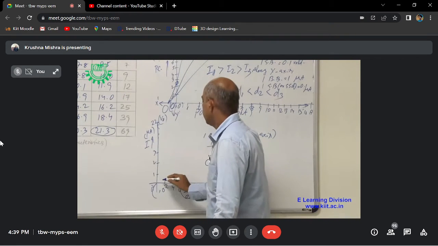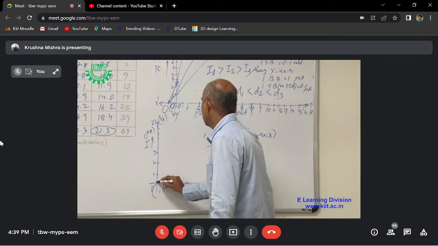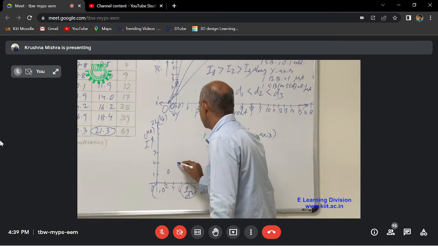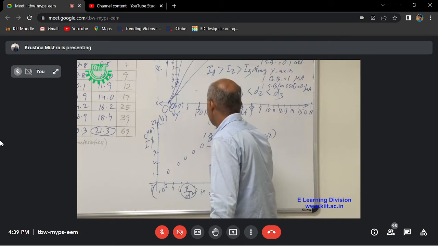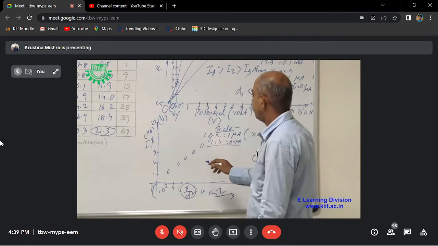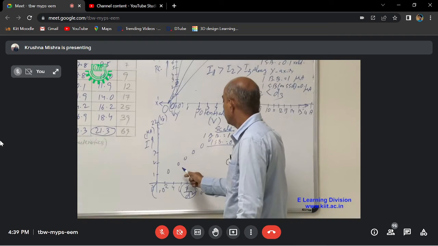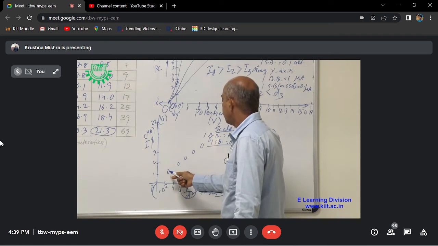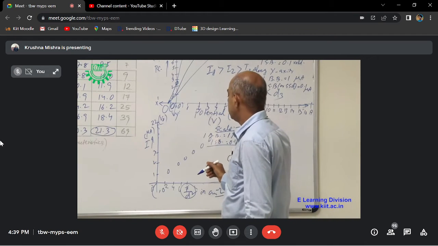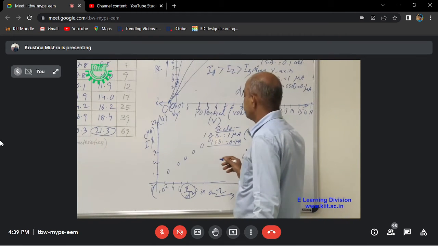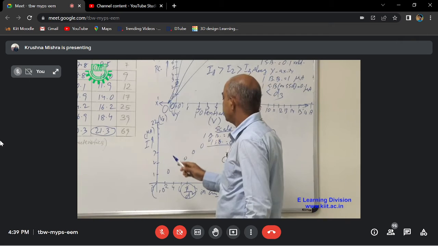We will give symbols like this, because it is a straight line graph. Some points may not come on the line, but a number of points must come on the line, because this is a linear graph that we have studied.